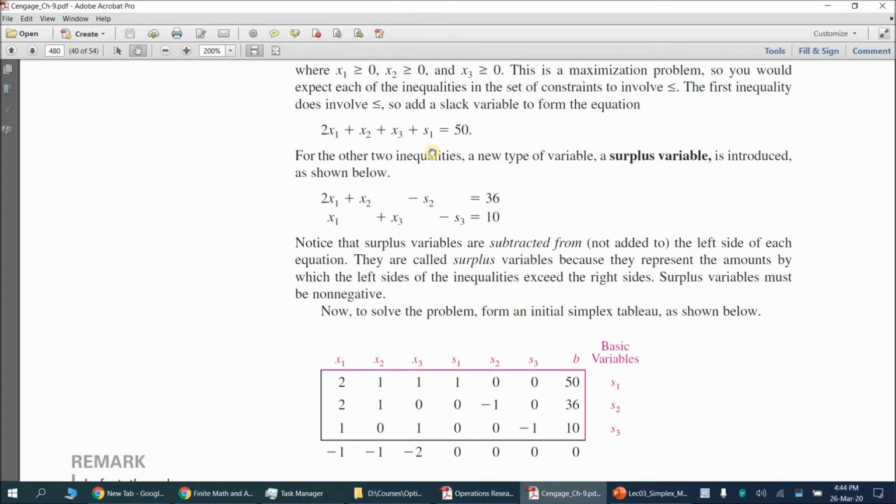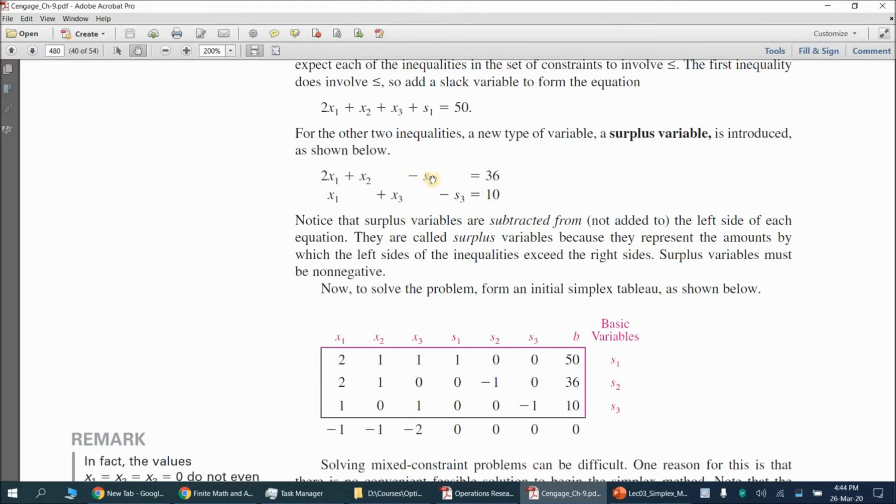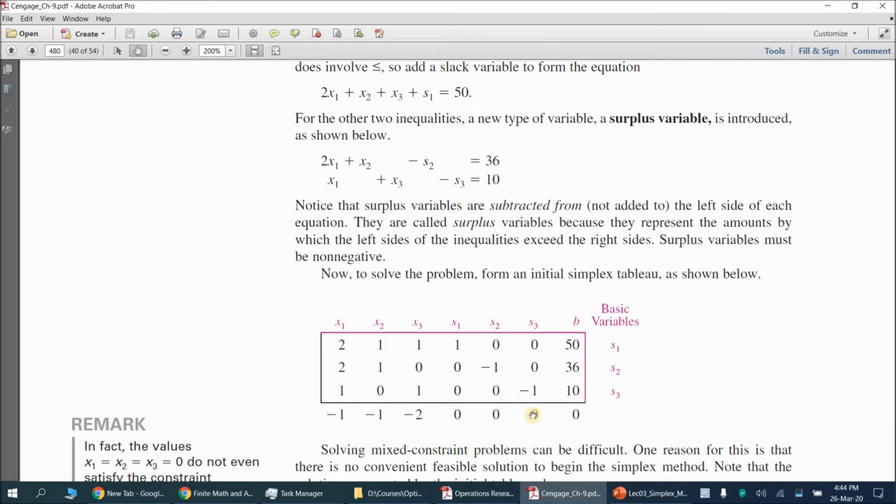Here you can see the same values are given. Remember, the Z row is given at the end. All others are given over here, and because the coefficients for surplus variables are negative, you put over here -1, -1. Clear? You can pause the video and make sure you understand this Tableau.